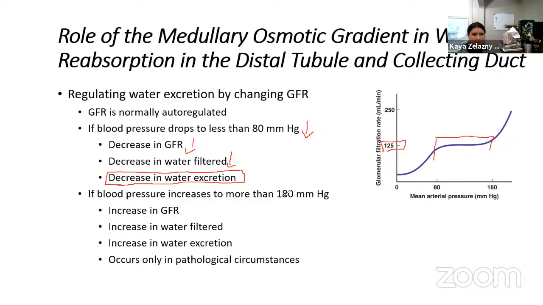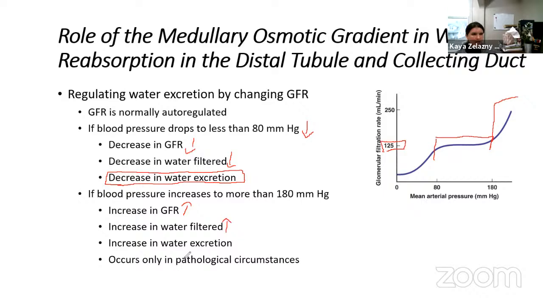If we go up above 180, and we should not go above 180, but if we do, this increases that hydrostatic pressure in the glomerular capillaries, which means more water is going to get filtered out, right? Because we have lots of force for filtration. We have water pressing out, pushing into Bowman's space.